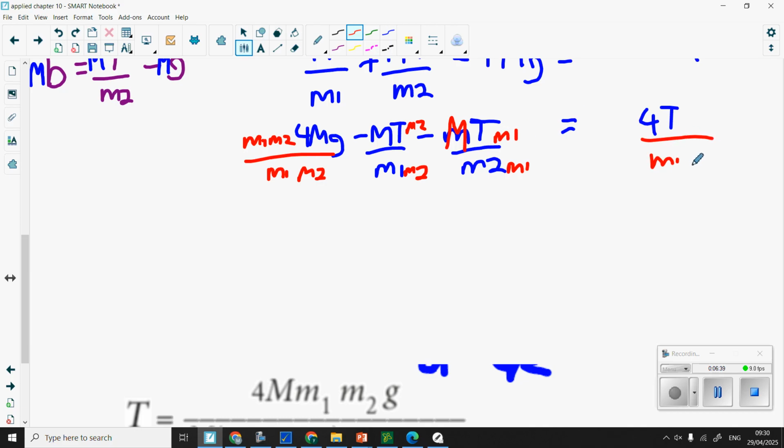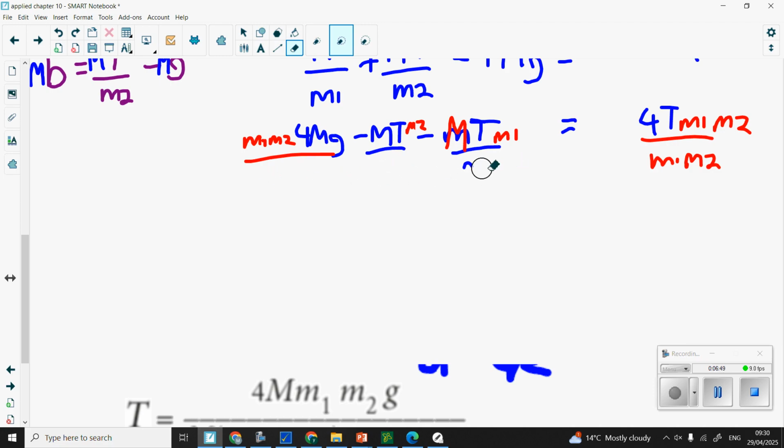Then I'll have an m1 m2 here. That means I need an m1 m2 here. And by that stage, I'm just going to get rid of all existence of the denominator. Then I'm going to bring anything that has a T to the right hand side.